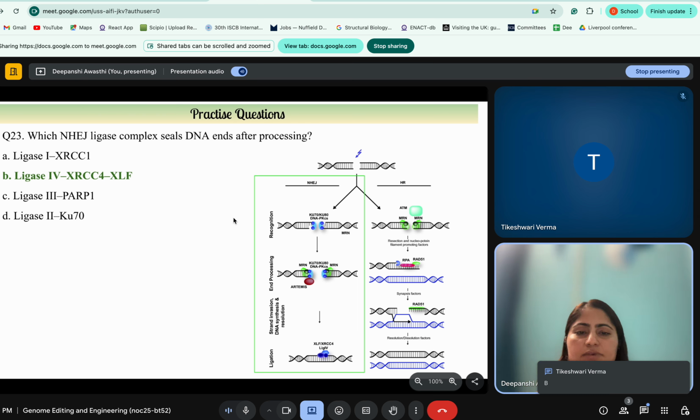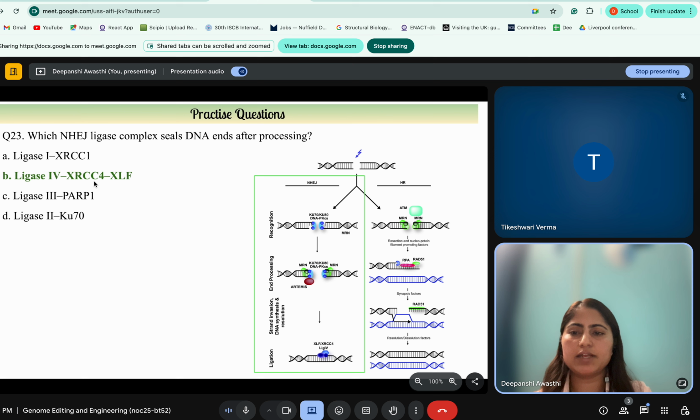The main difference between non-homologous end joining and alternative end joining, or alternative non-homologous end joining, is in the ligases only. In NHEJ we use ligase 4, XRCC4 and XLF, whereas in the alternative pathway we have ligase 1 and 3 along with PARP1. So instead of KU70/80, PARP1 competes with them.